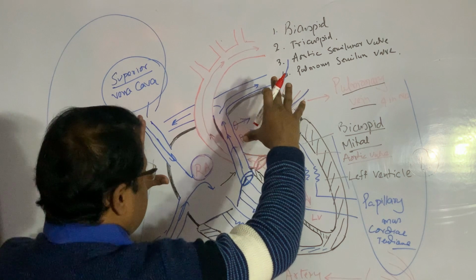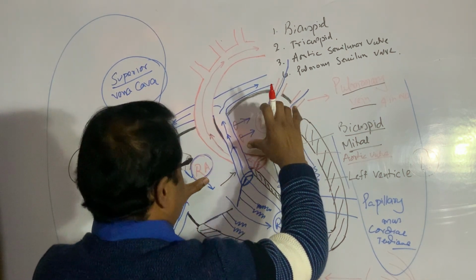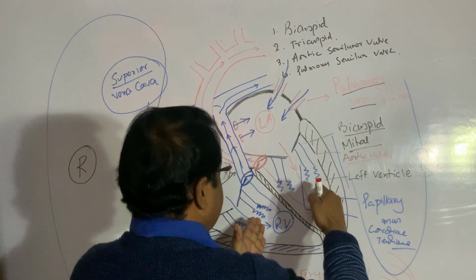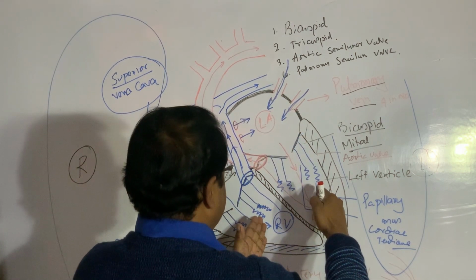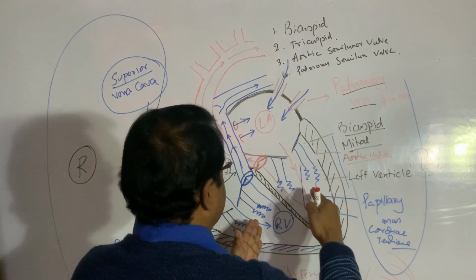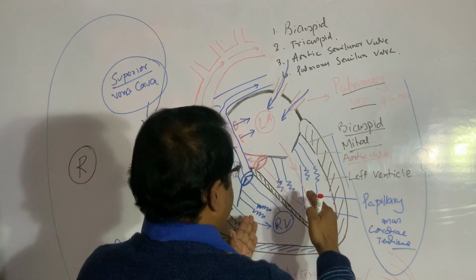Then the left atrium and right atrium start contracting, and blood goes to the left ventricle and right ventricle. When the left ventricle and right ventricle are full of blood, they start contracting.